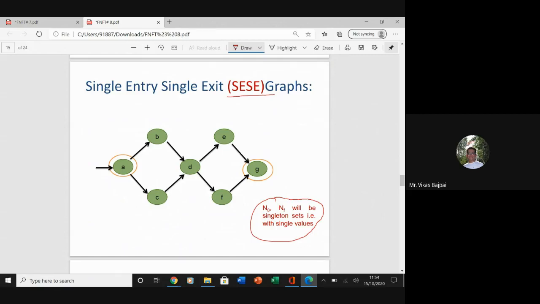So in this particular diagram, I have 4 test paths.